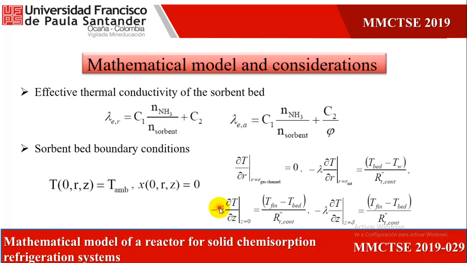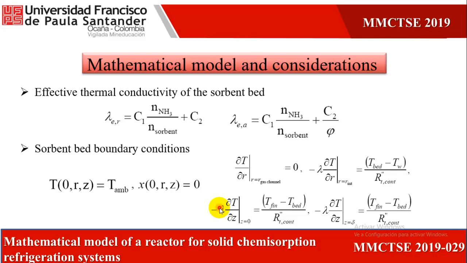Moving on, the effective thermal conductivity was another variable that was modeled. The truth is that there is no defined model to calculate the effective thermal conductivity of metallic salt for sorption systems due to the difficulty of calculating this parameter as a function of chemical reactions.